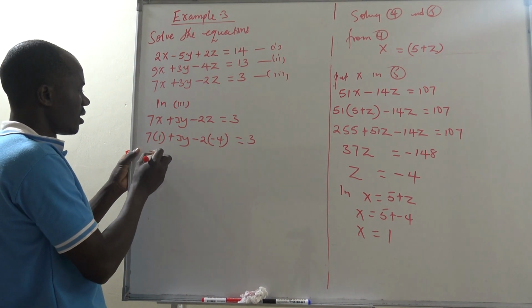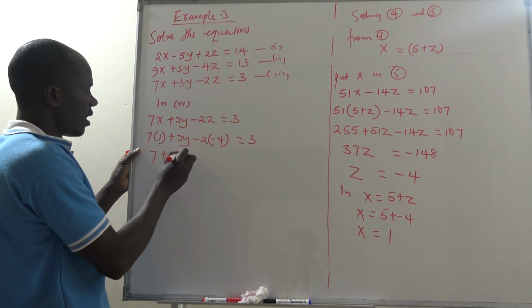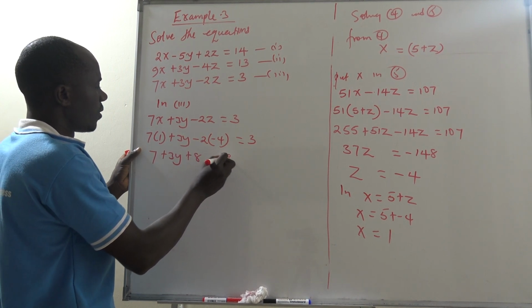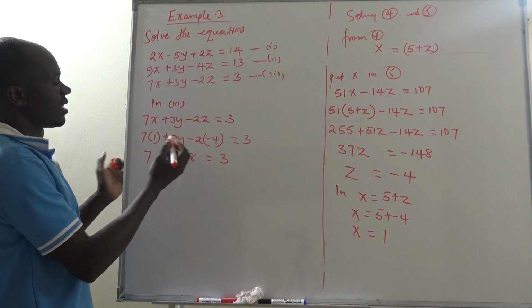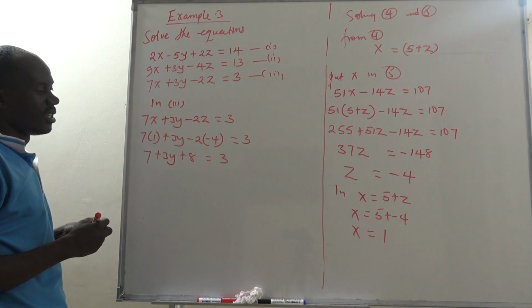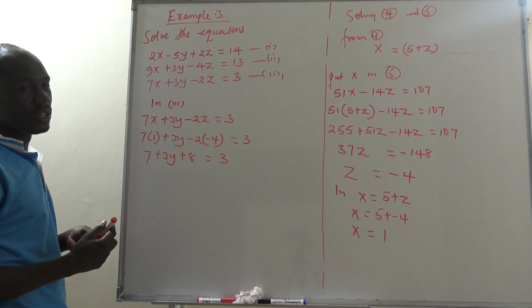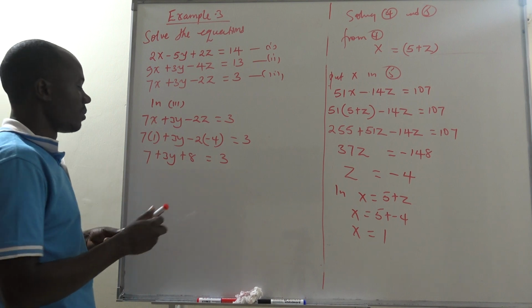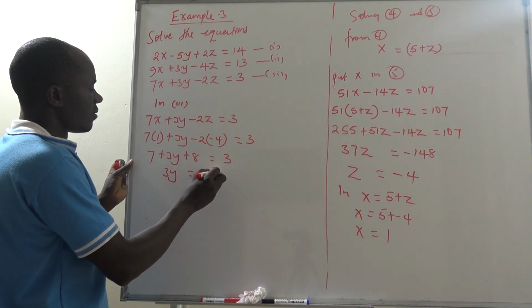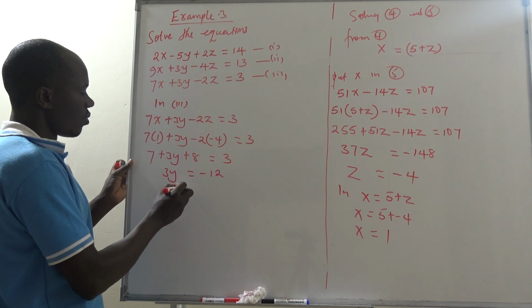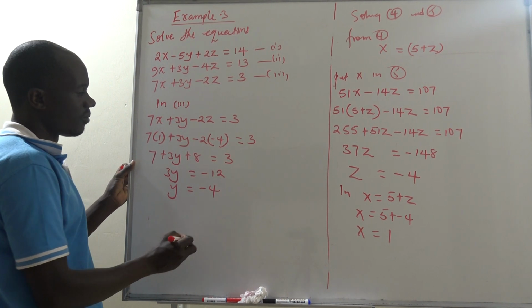This is 7 plus 3y plus 8 equals 3. So, collect like terms. 7 plus 8 is 15, and when it goes there, it becomes 3 minus 15, which is negative 12. So 3y equals negative 12. So y alone becomes negative 4.